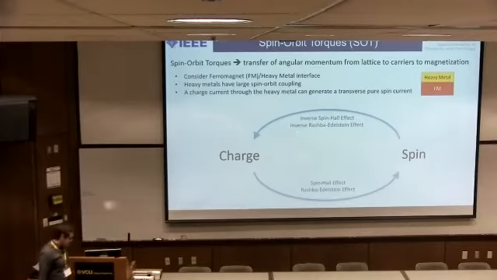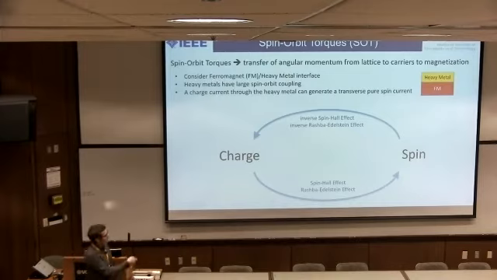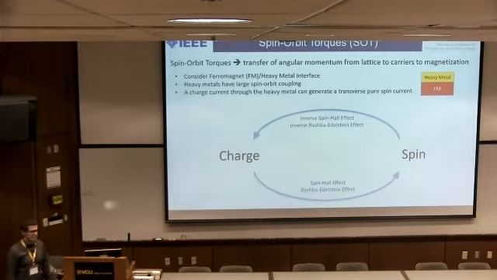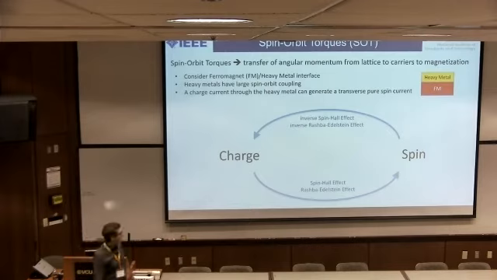And unlike the previous two topics, we're talking about bilayer systems, right? We're not talking about something in a single magnetic film. So we have a ferromagnet and a heavy metal, which has a large spin orbit coupling, such as platinum, which is probably the most commonly discussed one and was discussed in the previous talk as well.